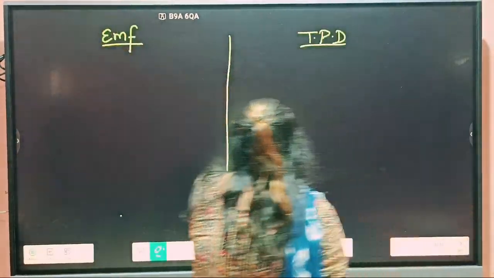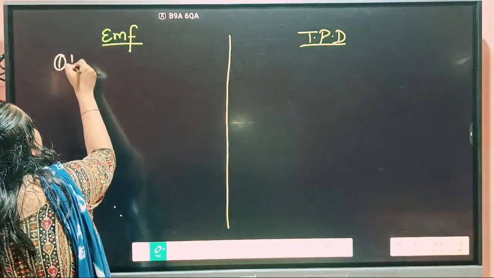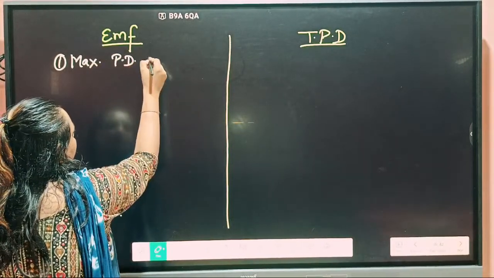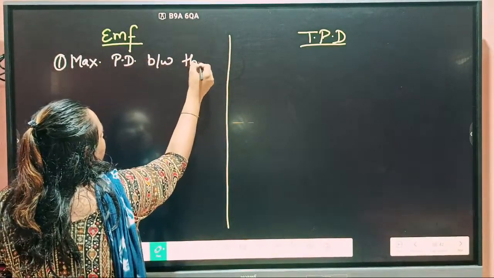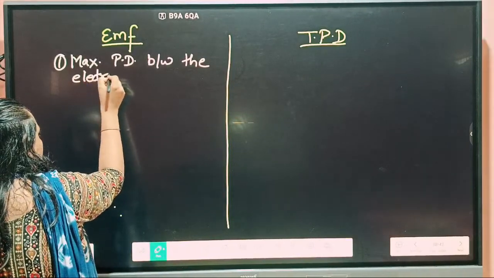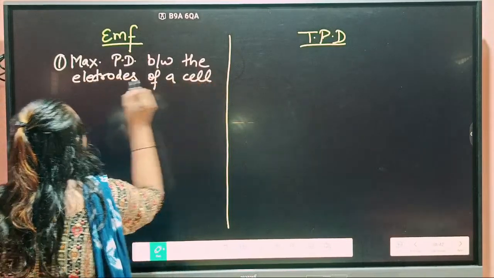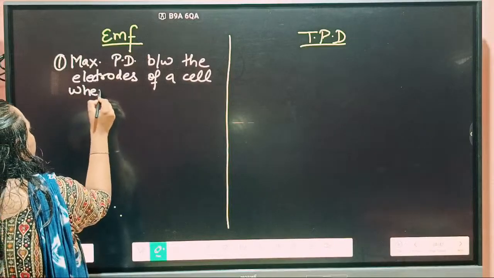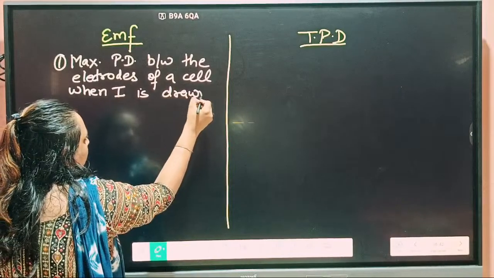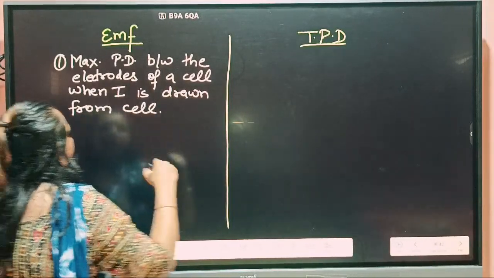Now, what is the difference? As I told you, EMF is the maximum potential difference between the electrodes of a cell when current is not drawn from the cell, right?